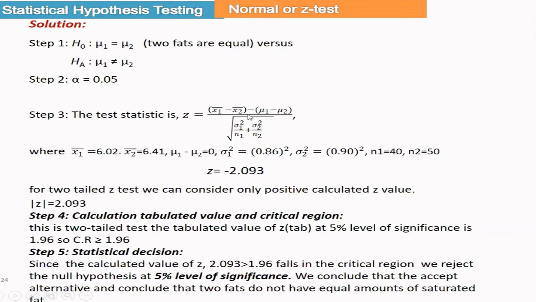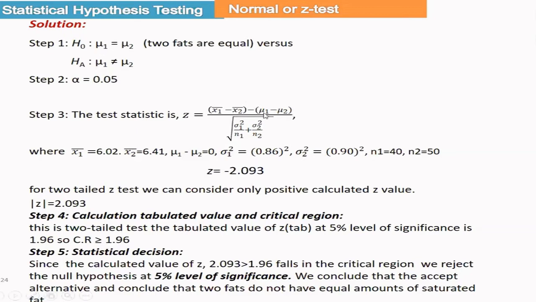And remember the formula, please. If you want to test whether the two means are equal or not, you have to use the Z statistic like that: x1 bar minus x2 bar, then minus mu1 minus mu2. x1 bar is the mean from sample 1, from brand 1. x2 bar is the mean from sample 2. The population means we don't know, but normally mu1 minus mu2 will be 0, because we first agree that the two means are equal.